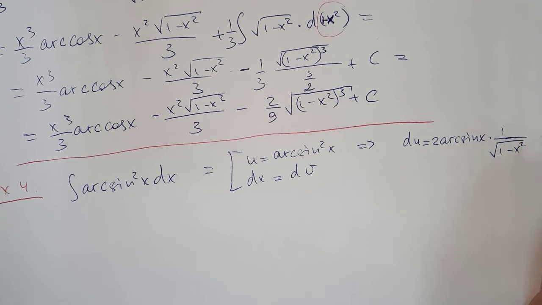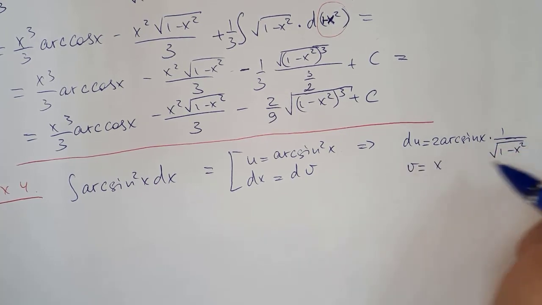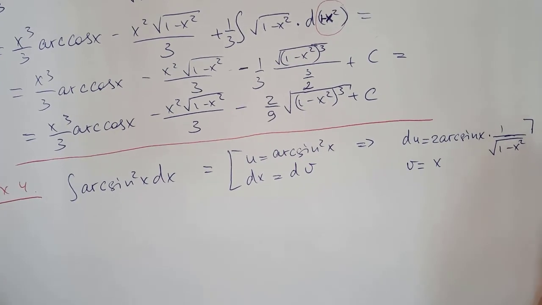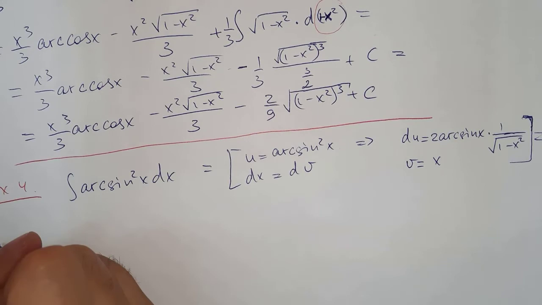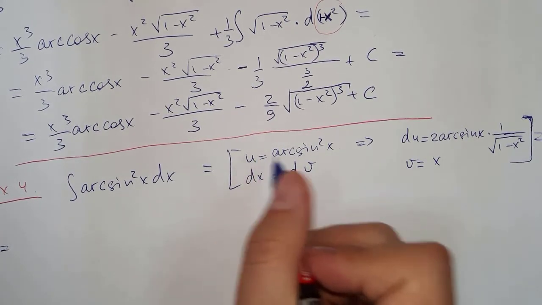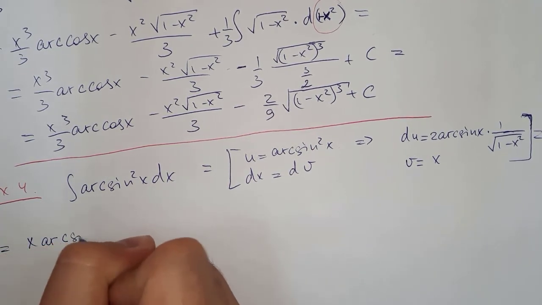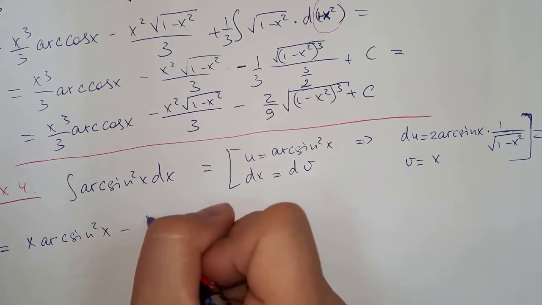This is the differential of arc sine square x, and now v is x from this equation. v is x. So let's continue, and put it into the formula uv minus v du, so x times arc sine square x.